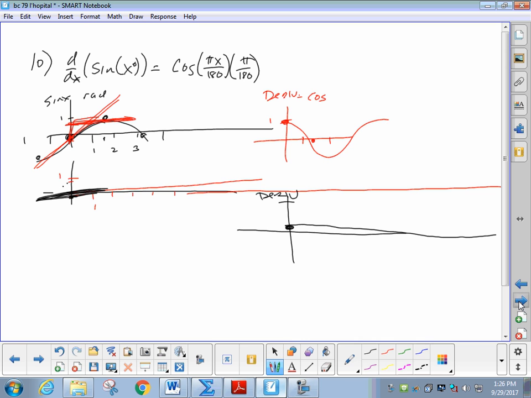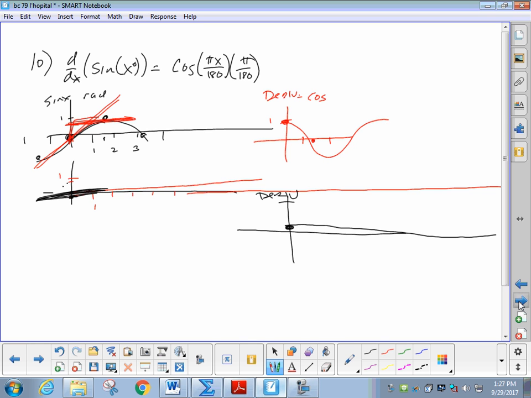If I take the derivative of sine when it's in degrees, it's not cosine. It's cosine shape, but it's totally stretched and flattened out in this terrible way where the amplitude is tiny and the period is huge. That's the idea.